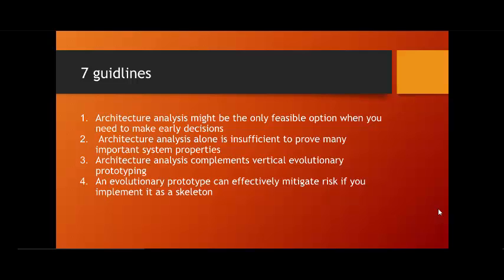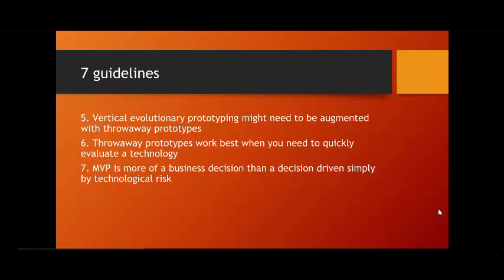Then architecture analysis complements vertical evolutionary prototyping, and also an evolutionary prototype can effectively mitigate risk if you implement it as a skeleton. Vertical evolutionary prototyping might need to be augmented with throwaway prototypes. As we said earlier, they can be complemented with each other.